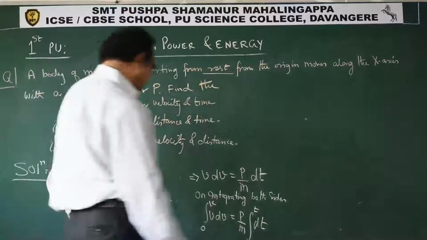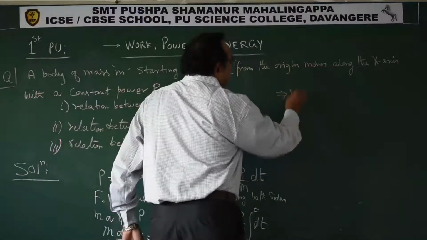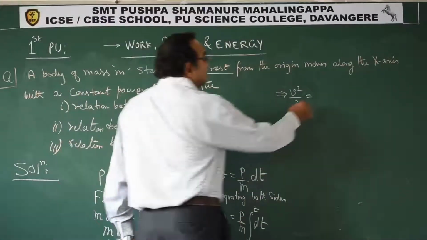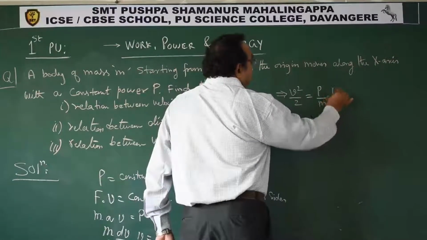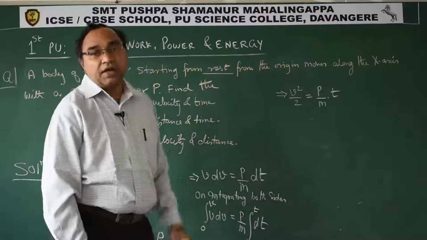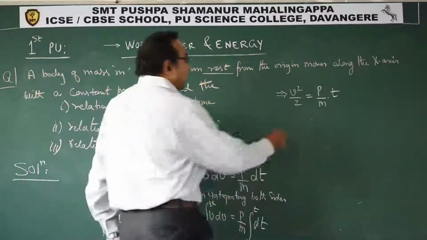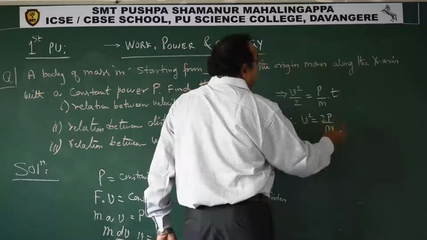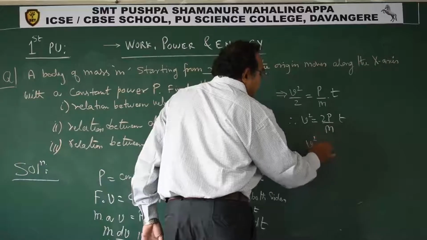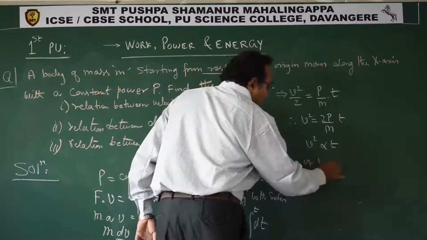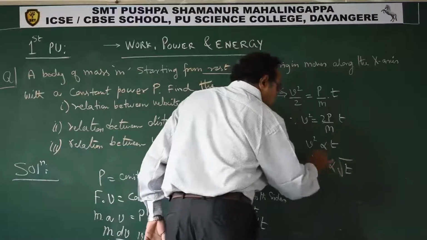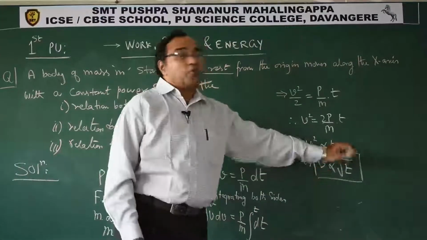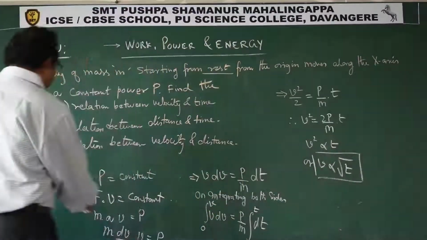So this gives us v square by 2 is equal to P by m into t. Integration of dt is t, upper limit minus lower limit gives again t. So therefore v square is equal to 2P by m into t. In other words, v square is proportional to t, or v is proportional to root t. So it says relation between velocity and time, v is proportional to root t. This is your first relation.